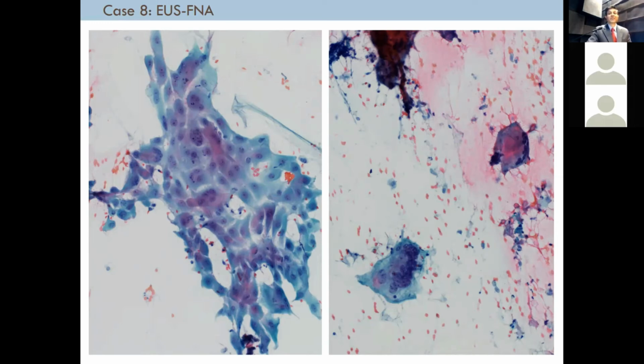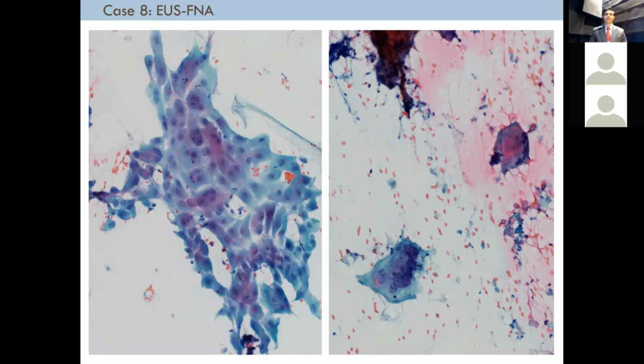If you look at the nuclei, they are small, not that big. There's no hyperchromasia. The NC ratio is low. They have a prominent but small nucleoli. So overall, it gives you more of a reactive look rather than dysplastic look.